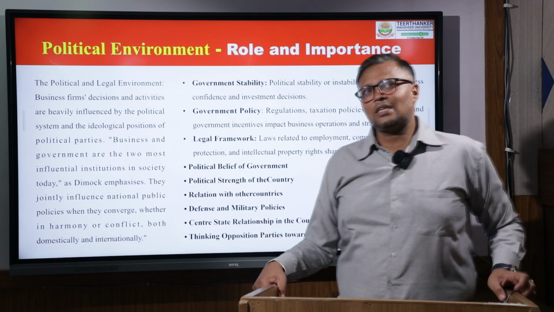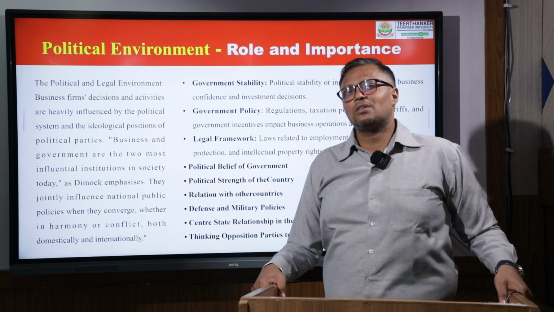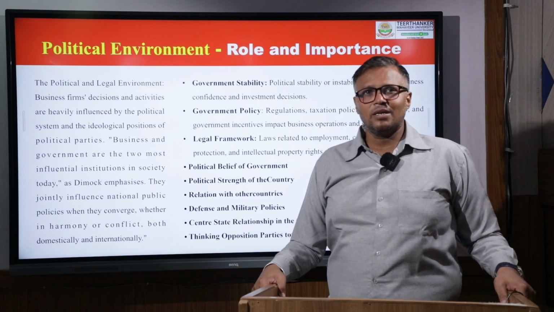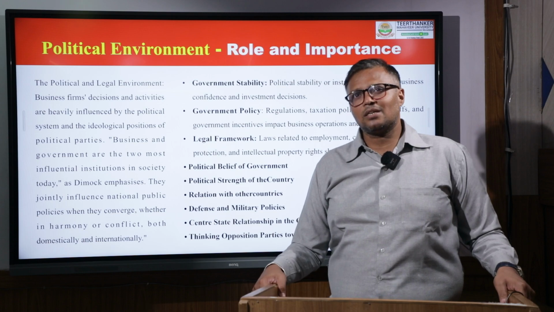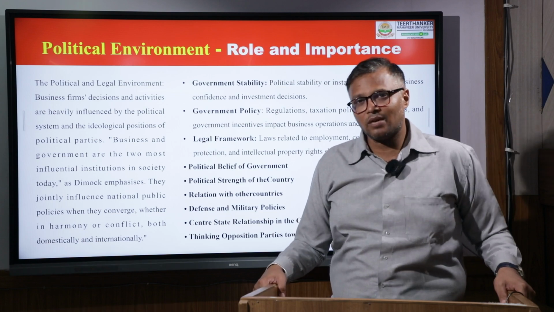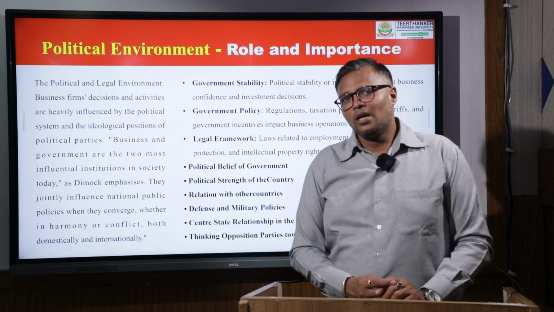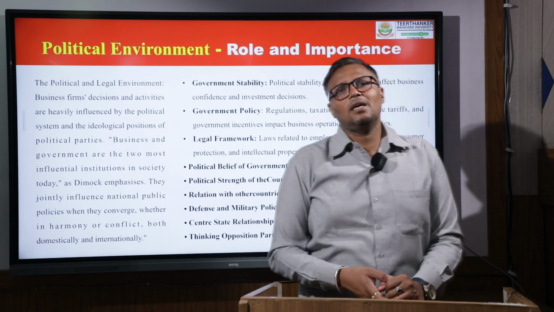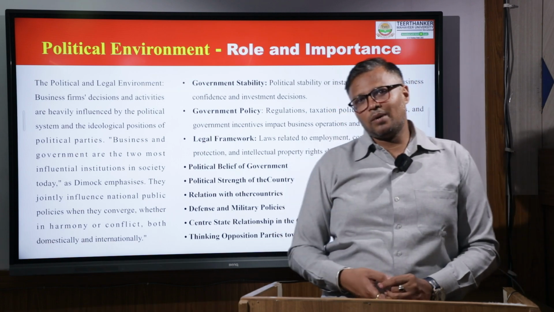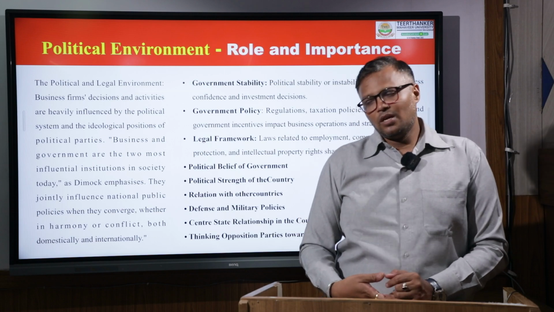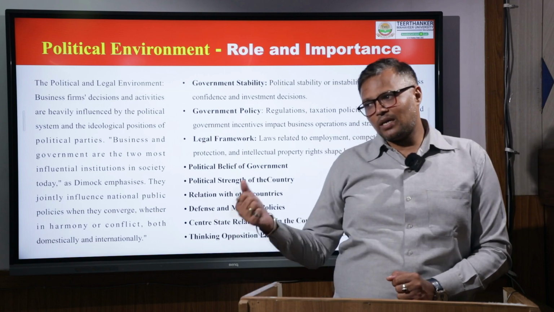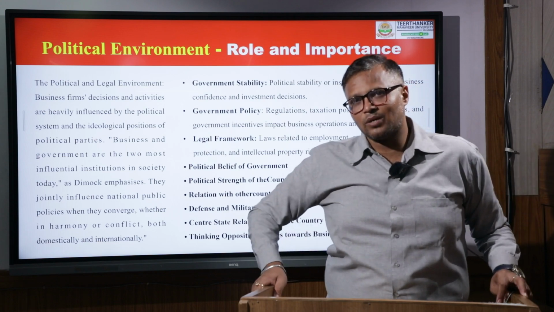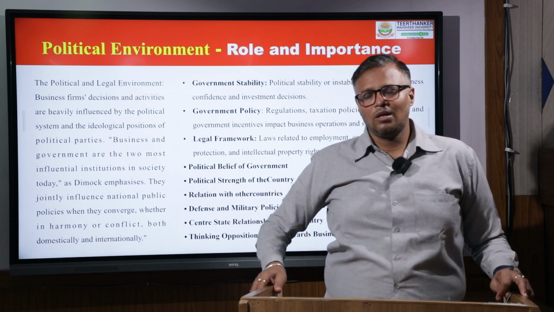See, recently, for almost the last 5, 6, 7 years, the Bengal government led by Mamata Banerjee and the central government led by Narendra Modi have had a rift with each other. In the same way, there are many other states, for example, the Delhi AAP government and the ruling party, BJP, again have a rift. So those things are taken into consideration when you want to launch a product, promote a product, or make a product available.